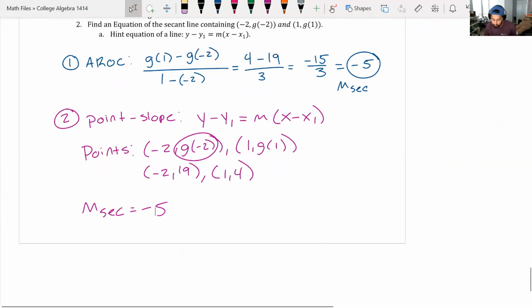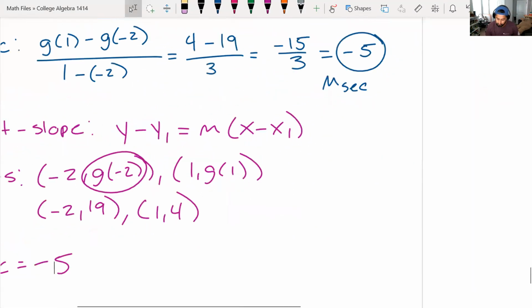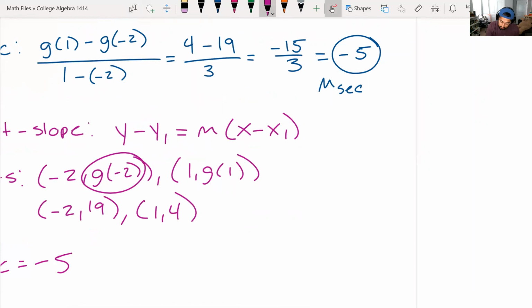All right, so when we do this, running out of space. It doesn't matter which point you choose. We're gonna get the same answer. So I'm gonna go with the easier point. We're gonna choose 1, 4.